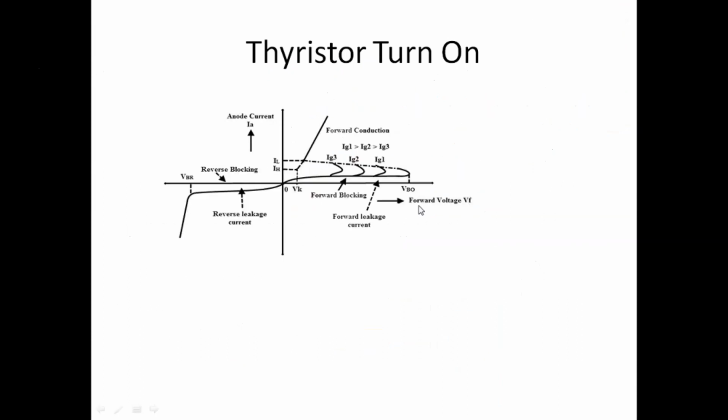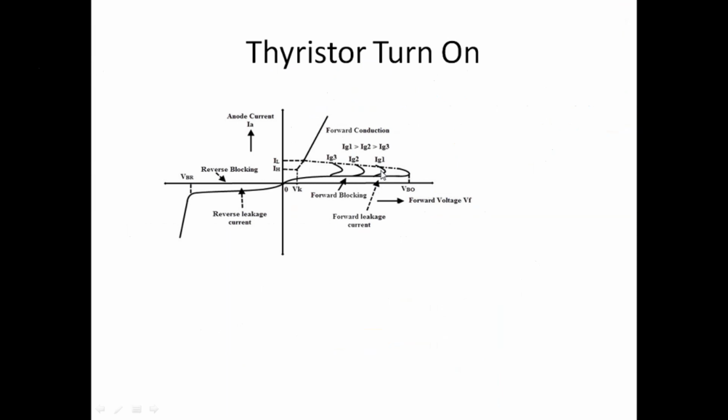See here, if you apply a small gate current, the SCR will turn on, but for that the anode to cathode voltage should be more than this. This is the breakover voltage for that particular Ig1.